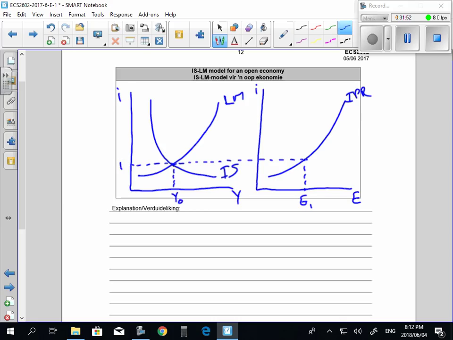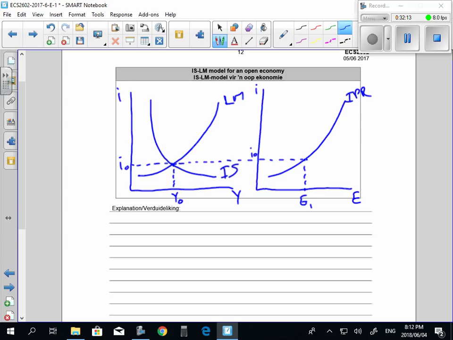Okay? So, what they've said here is, what will happen to the nominal exchange rate if a contractionary monetary policy is applied?